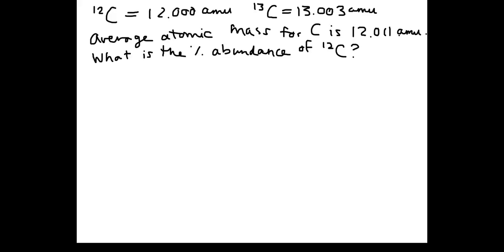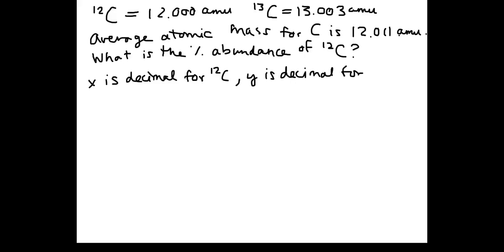You may think that you don't have enough information for this. You do. So let's just write it out with variables right now. X is the decimal for C12 and Y is the decimal for C13. Because we don't know the percentages, we don't know the decimals, so we're just gonna put those in as variables.